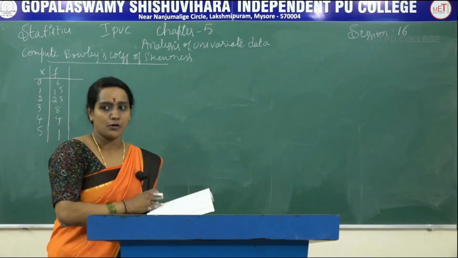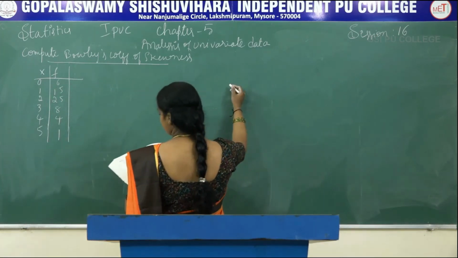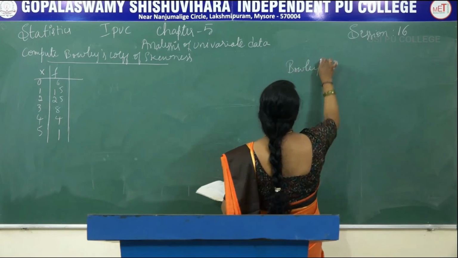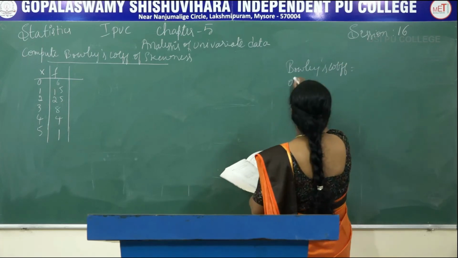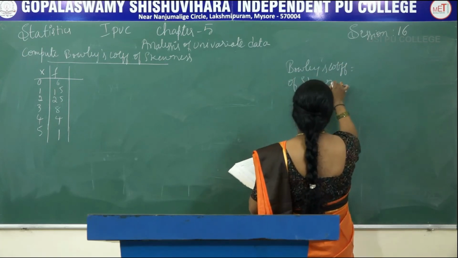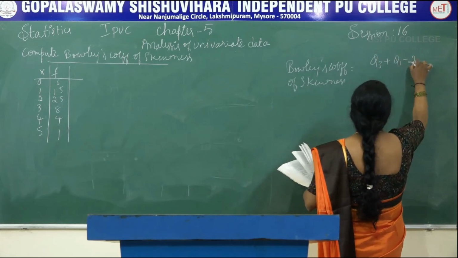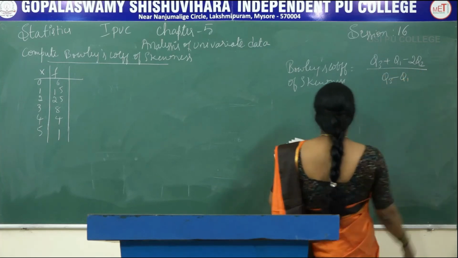To find Bowley's coefficient, we have a formula: Bowley's coefficient of skewness is (Q3 plus Q1 minus 2Q2) divided by (Q3 minus Q1).